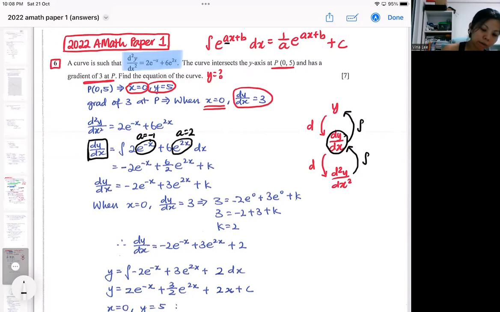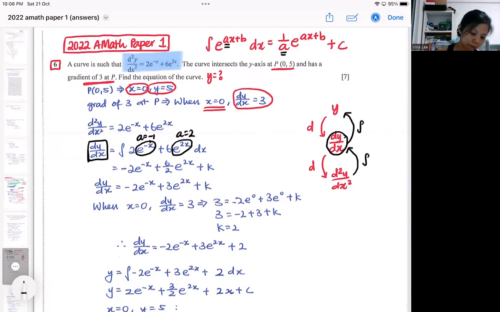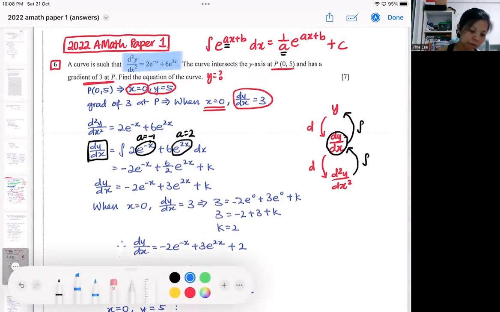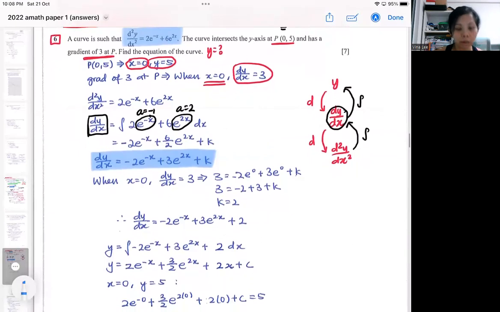So according to the formula, I just have to integrate, apply the formula, and then get a k. At this stage, I'm going to find my constant for the gradient. So the constant that I'm looking for is for dy/dx.